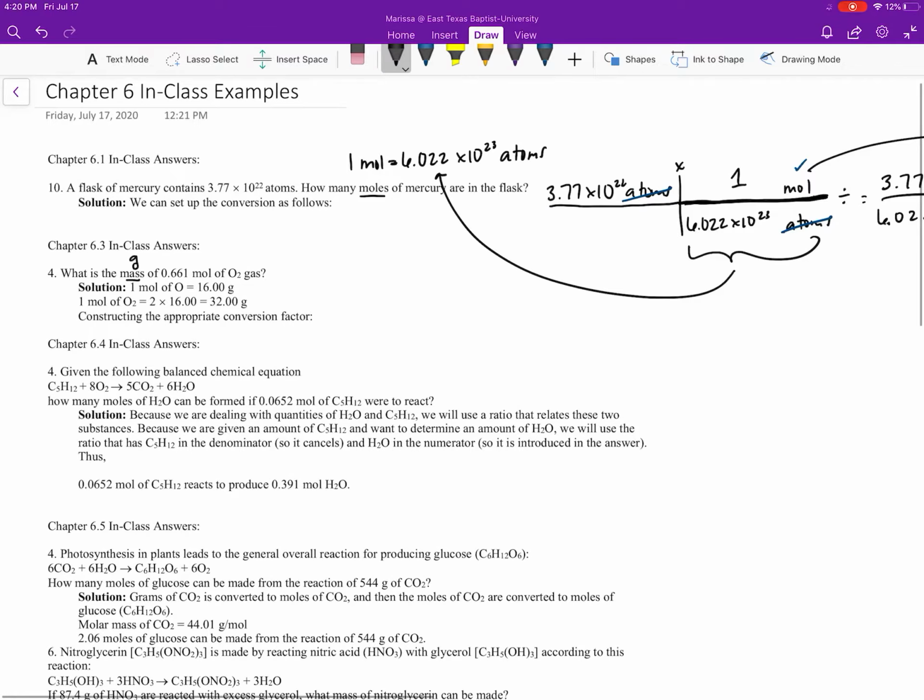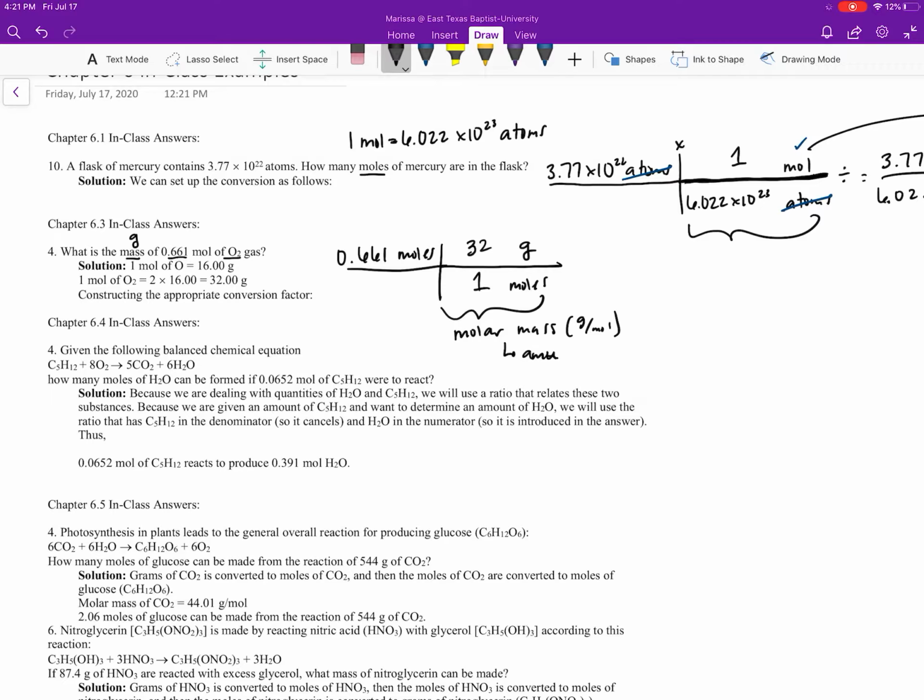So you might be asking yourself, well, what is this conversion factor? And in this case, the conversion factor is going to be the molar mass, which is in units of grams per mole, which is the same as AMUs, atomic mass units. So in this case, oxygen has a mass of 32 grams for every 1 mole.